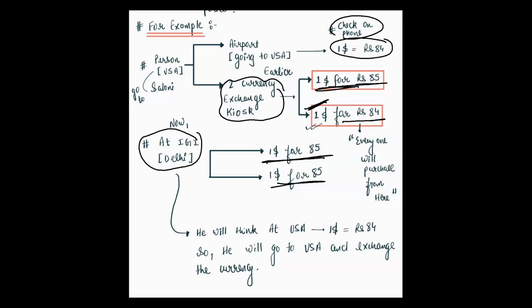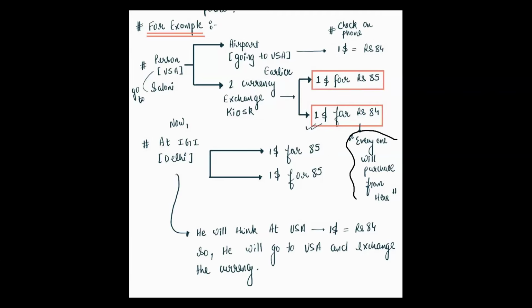One kiosk is giving $1 for 85, and one kiosk is giving $1 for 84. Those who are going from Delhi to USA, with only a minute change in price, everyone will go from the USA airport to this exchange kiosk. Why? Because it is just slightly less.